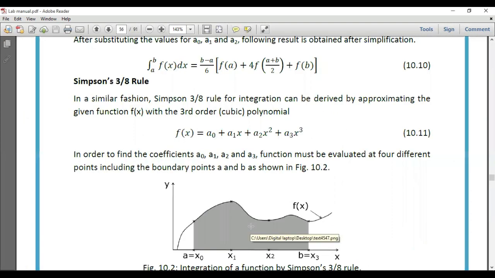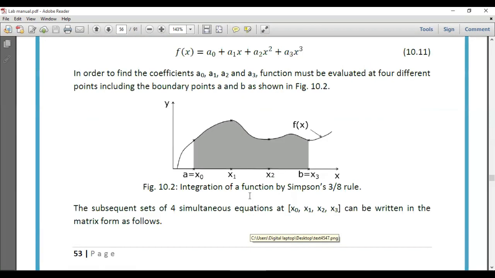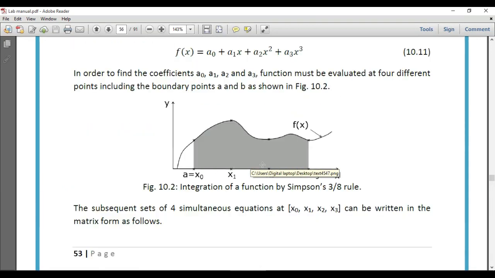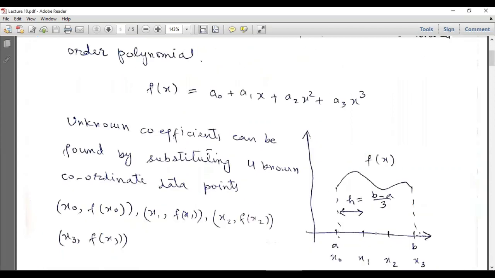This can also be observed in this figure. This is our third order polynomial approximation of the function, and we consider these 4 points on the function, which give us three segments. Let's substitute these 4 points in the function and evaluate the values of these four coefficients.